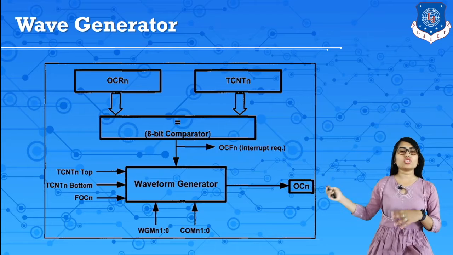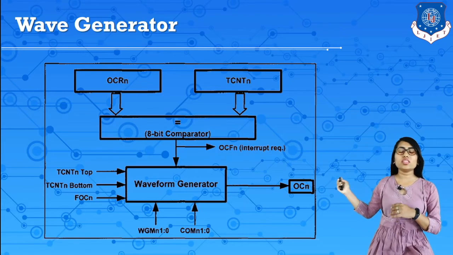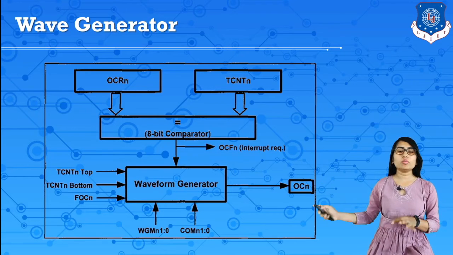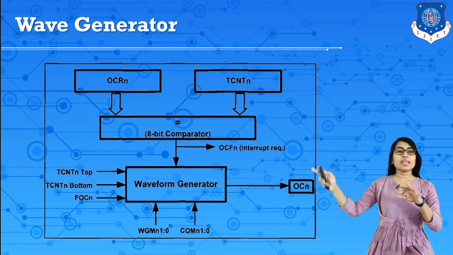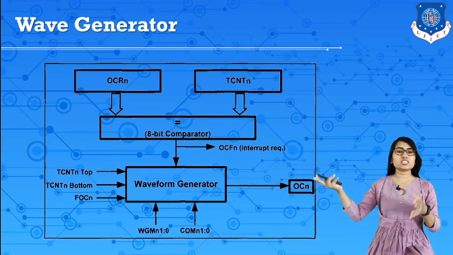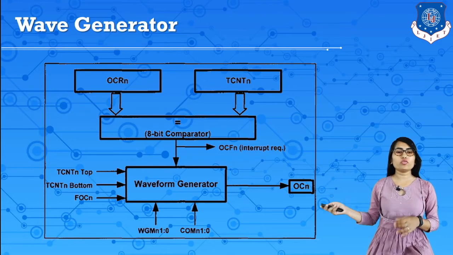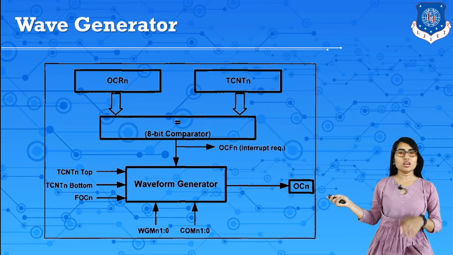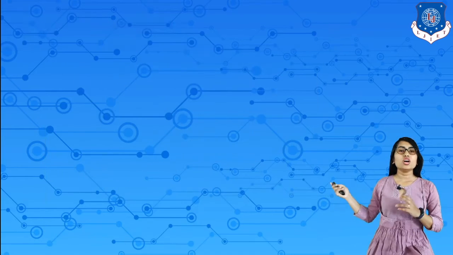This waveform generator circuit checks the conditions, and on OCn the wave patterns are generated depending on the WGM and COM bits. For controlling, TCNT top, TCNT bottom and FOC pins are available over here. So this is a waveform generator circuit using timers.